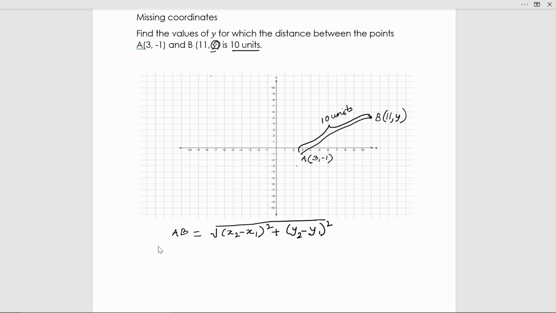Now, if we consider points A and B, we can write the coordinates like this.